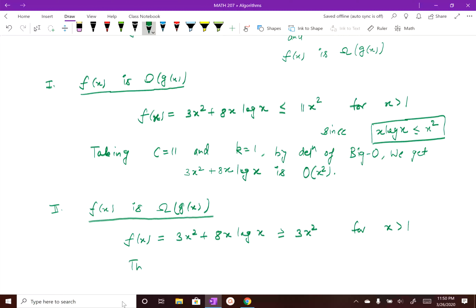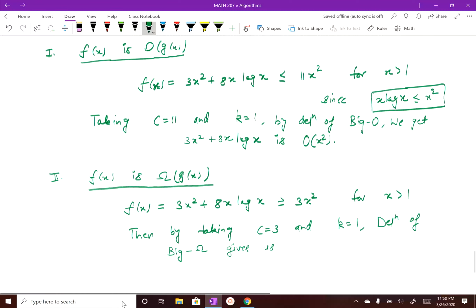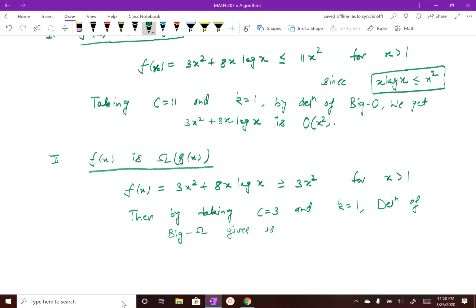So then by taking constant c equal to 3 and constant k equal to 1, your definition of big omega gives us that f of x is big omega of g of x. And we are done with the proof of this statement.